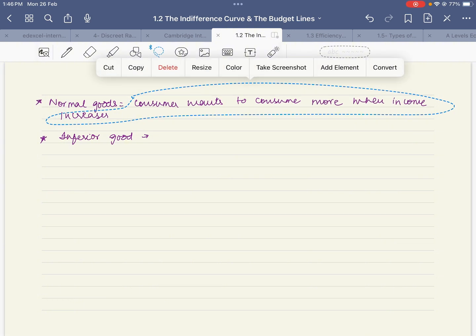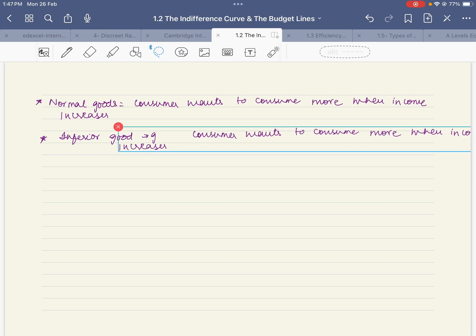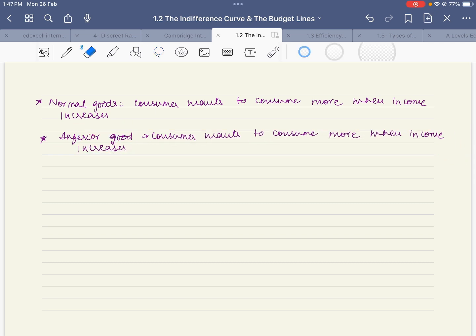The inferior good means that the consumer wants to consume less of this good when income increases. An example is low quality cheap food.